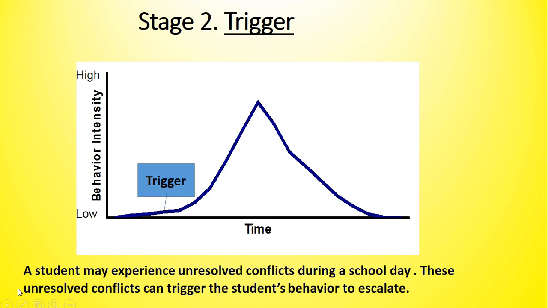The second stage of this escalation model is called the trigger stage. During this trigger stage, a student may experience unresolved conflicts which cause his or her behavior to escalate.